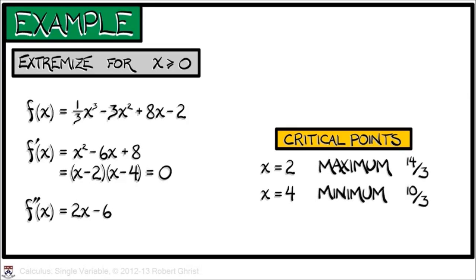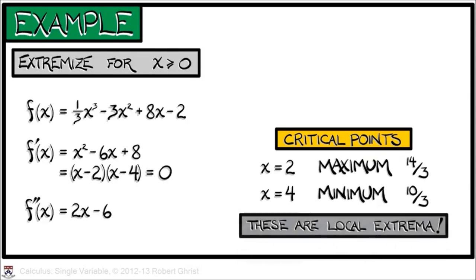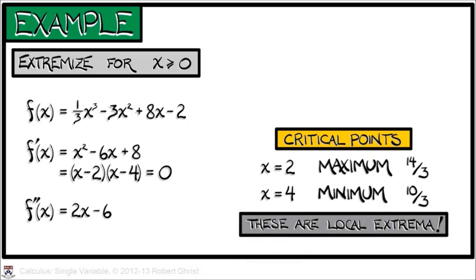At x equals 4, the second derivative is positive, so we have a minimum at a value of 10/3. However, that is not the end. These are local extrema. The problem is to find the global maximum and minimum.